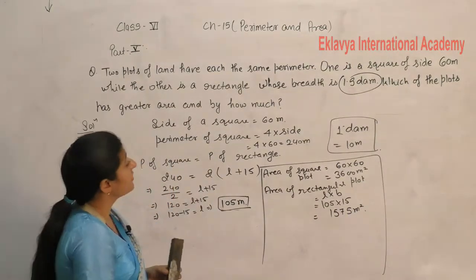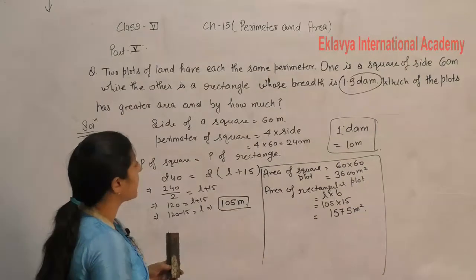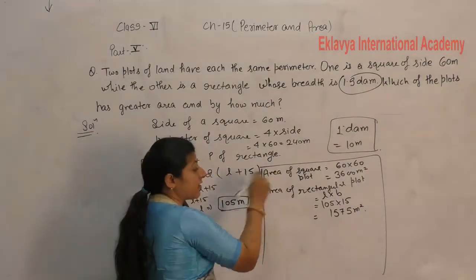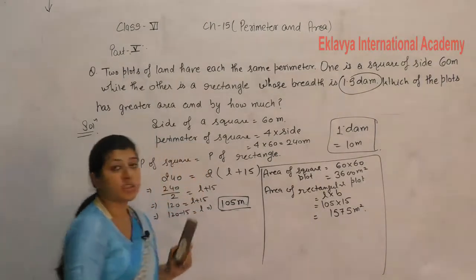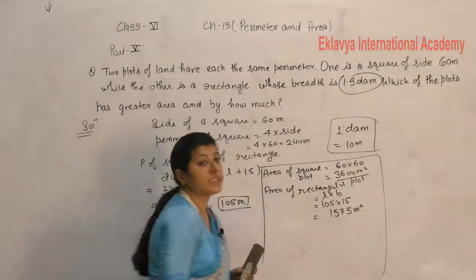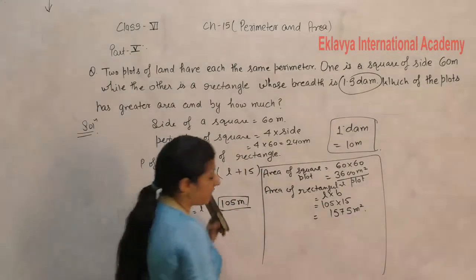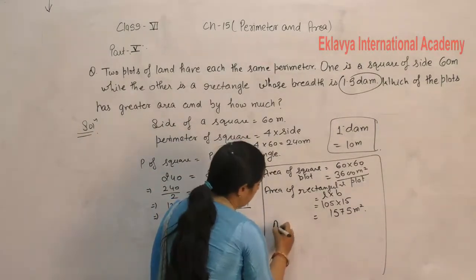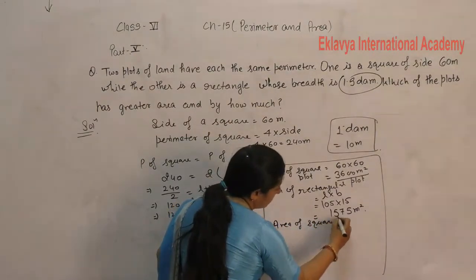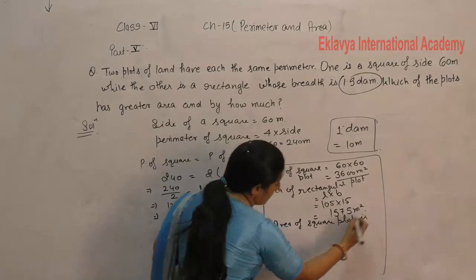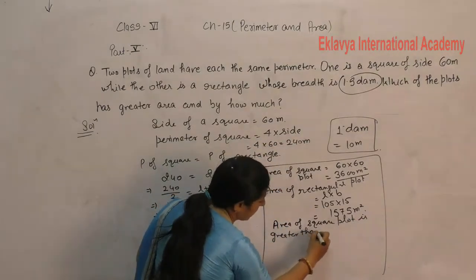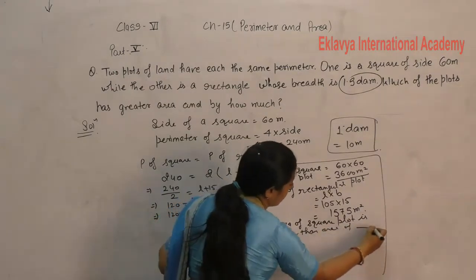Now question is, which of the plots has greater area and by how much? So which one is greater, area of square or area of rectangular? If you see properly, then area of square is greater. So we can say that area of square plot is greater than area of rectangular plot.